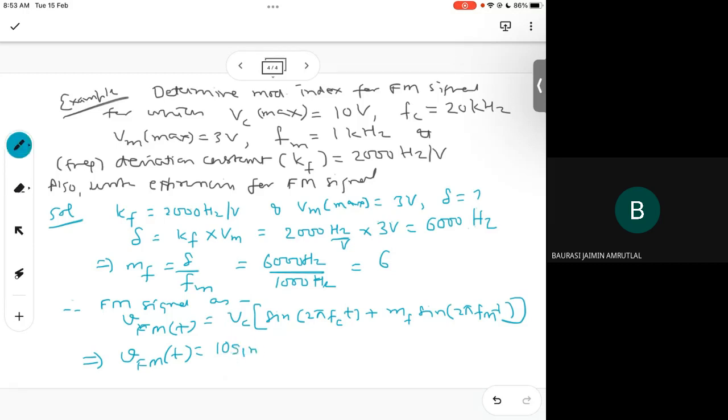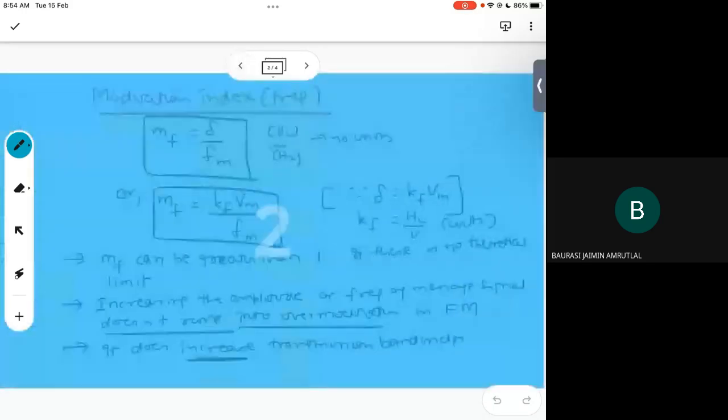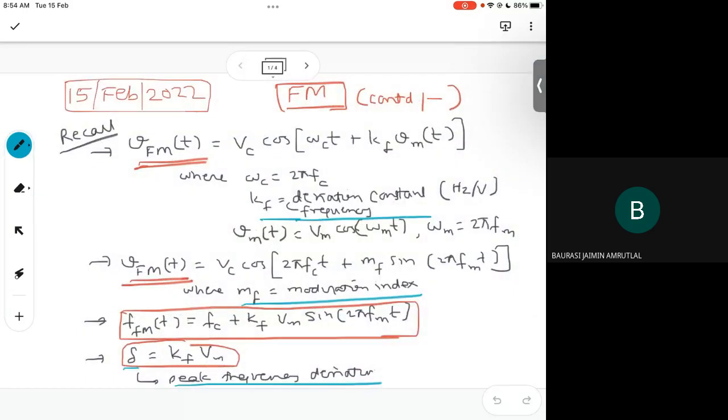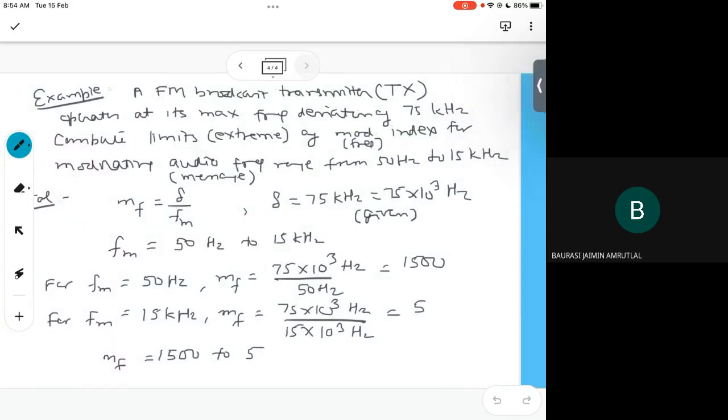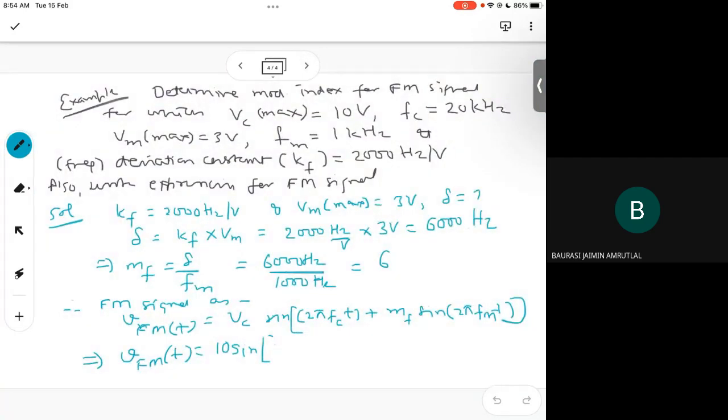So we always work in terms of hertz, volt, and so on. So it becomes 10 sine 2 pi fc t.